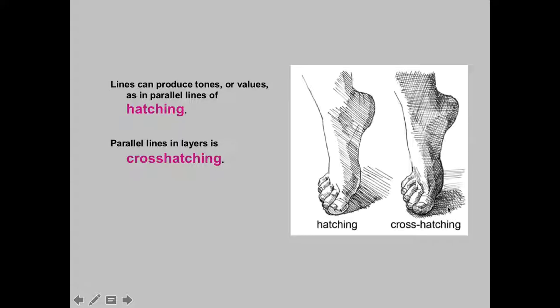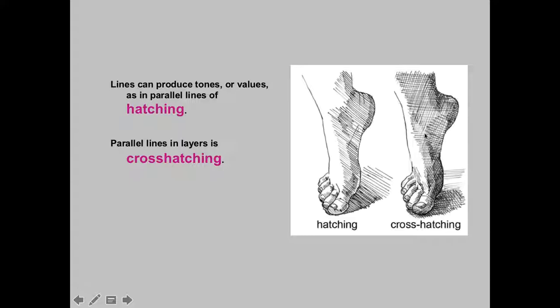Okay, so the more cross-hatching you have, the more heavy material you have, ink or pencil, and it starts to look darker. So if you do nothing, it's bright white. That's where the light's shining on it. Here's our light source.